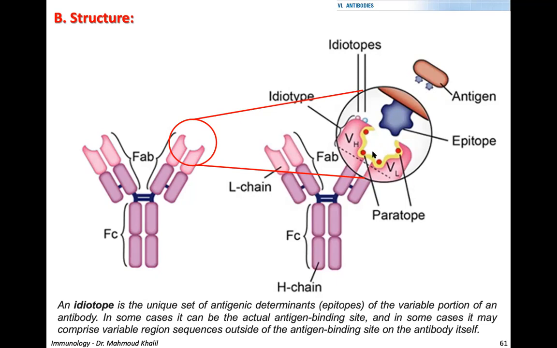So basically, you have three expressions now: the idiotopes, which form the idiotype, and together the idiotype with the other idiotype will form the epitope binding site with the help of the paratope.